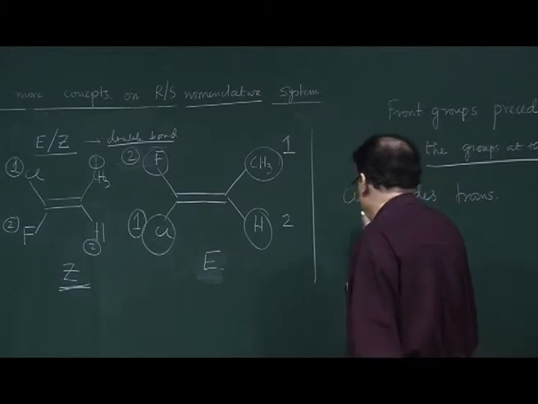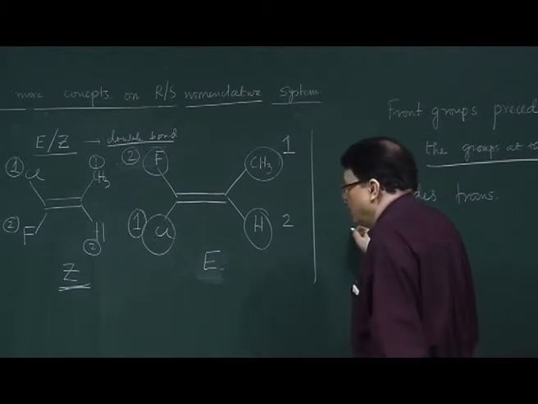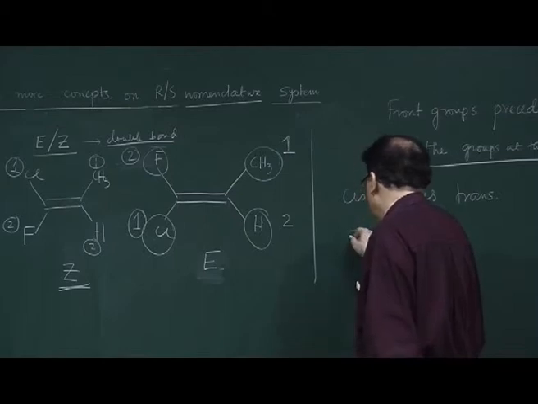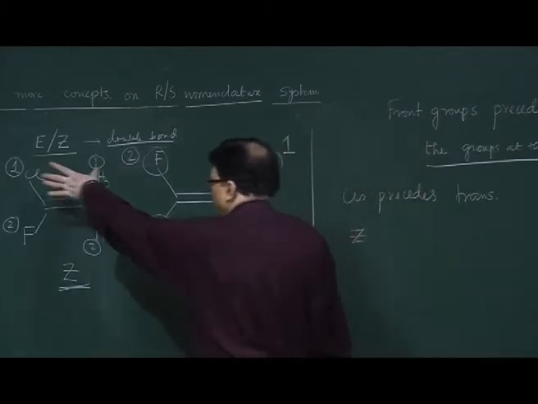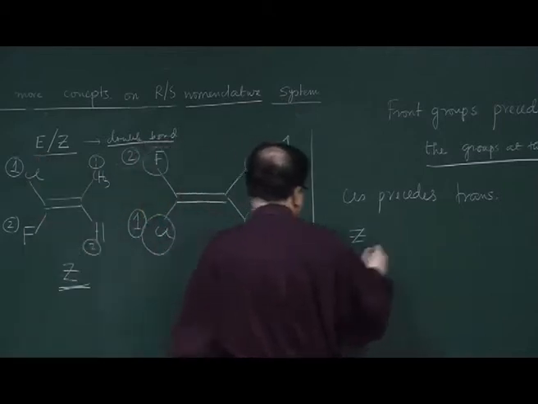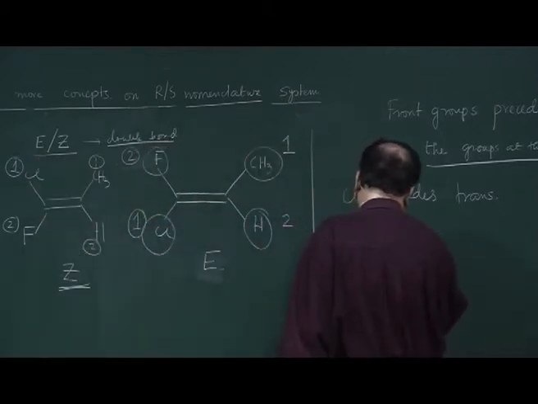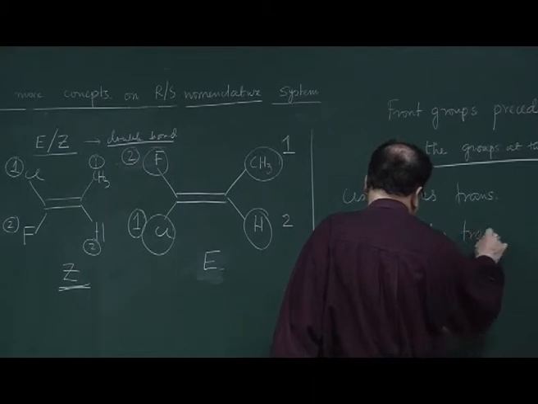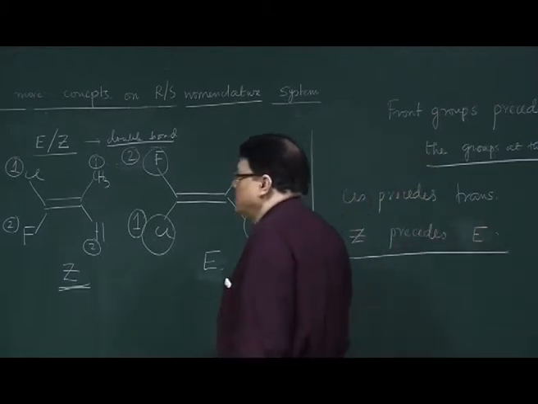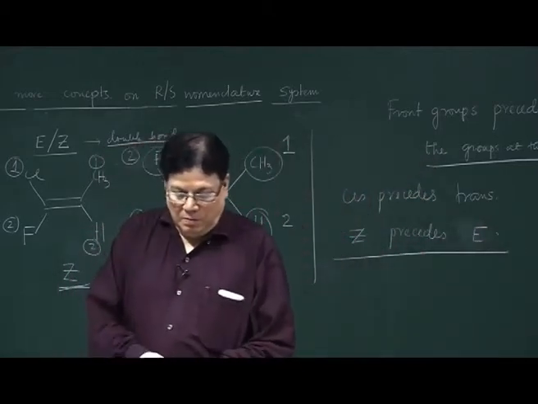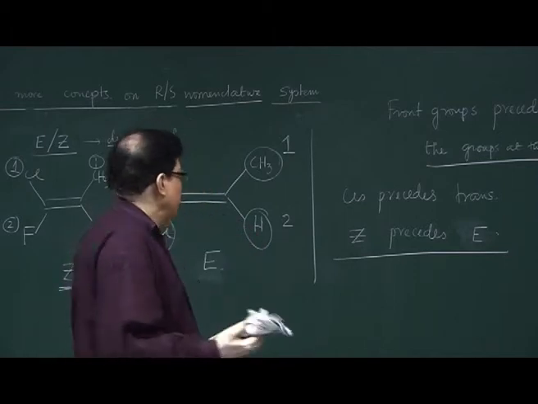That means here the rule will become Z. So, it is like a cis system, with groups at the same side, Z precedes E. Okay, so that is the configuration of double bond systems.